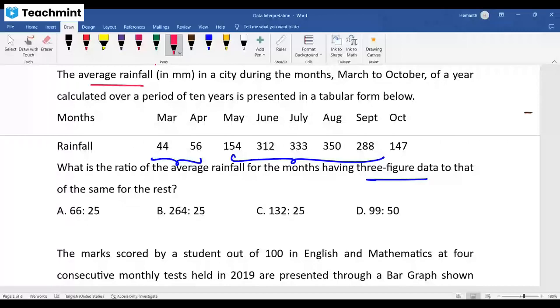This is anyhow 380, 480. This together will be 600 and 154. I hope you got 1234.